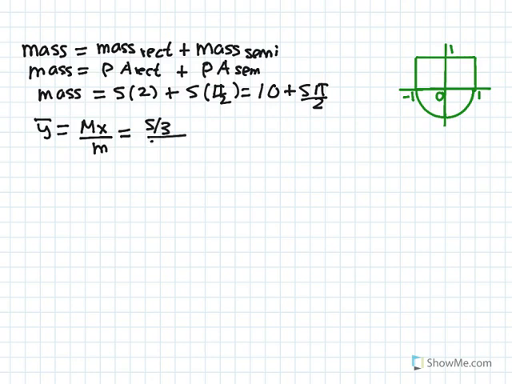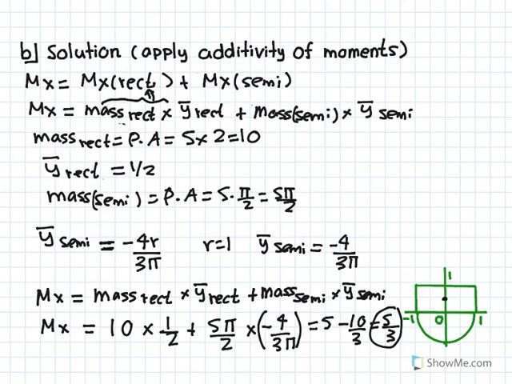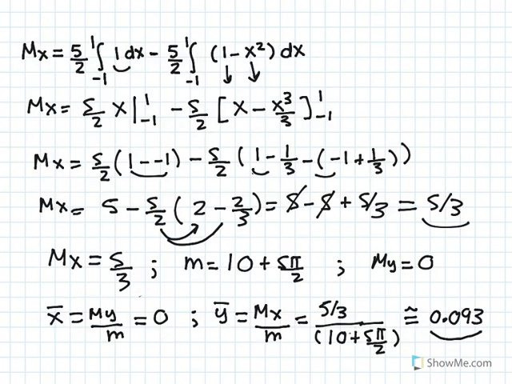The mass is 10 plus 5 pi over 2. And if we decimalize this, we get 0.093 for the y-coordinate of the center of mass of the system. And you will notice this is exactly the same answer we got in part A. Let's look at part A. There it is. We got exactly the same answer.